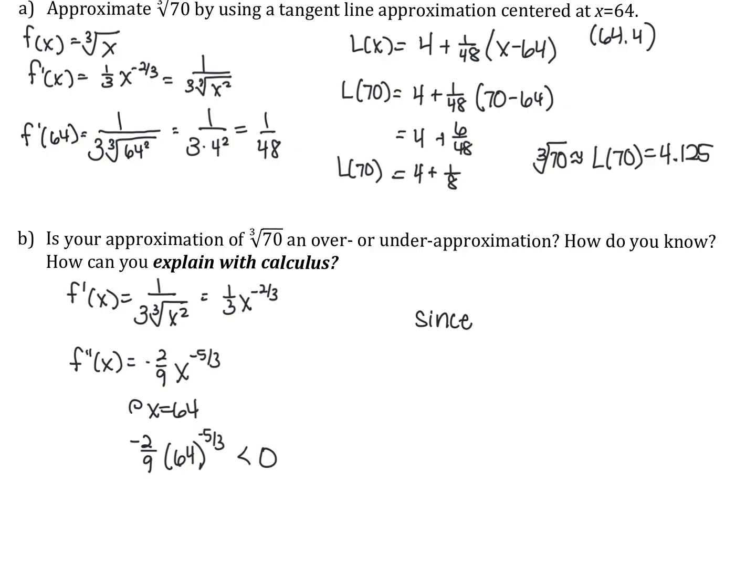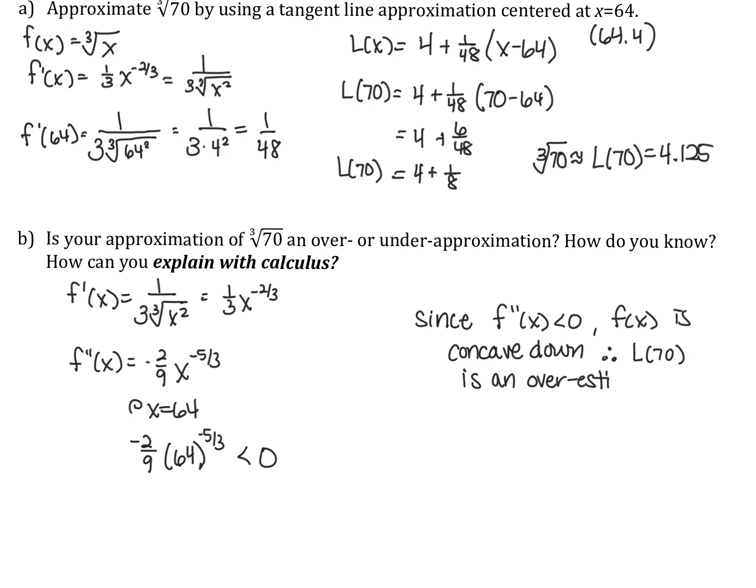And so what I would say is my justification, or my explaining with calculus, is since the second derivative of the function is less than 0 when x is 64, then f of x, the function itself, is concave down at x equals 64 and at 70. Therefore, L of 70 is an overestimate. The actual value is less than what we found up above. So the actual value is smaller than 4.125.